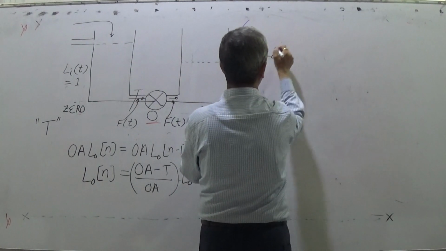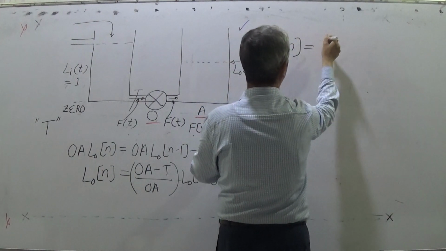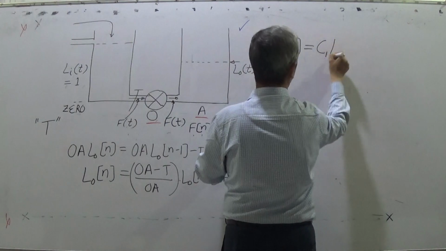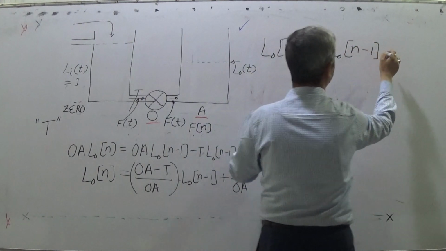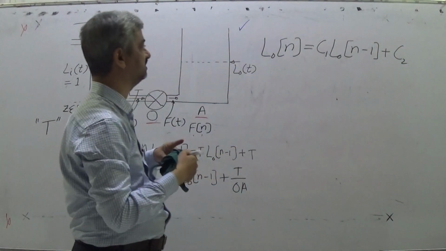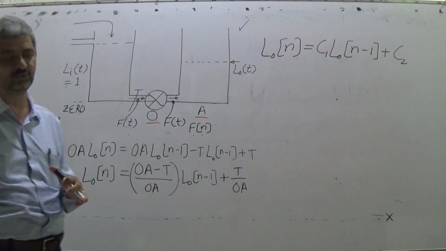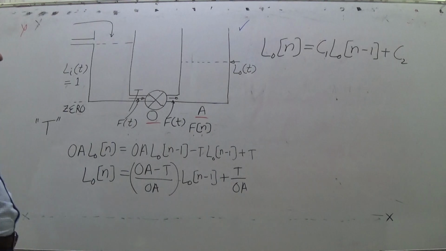LON, the question is find output water, how it increases, is some constant into previous level plus some other constant C2. So it is quite obvious and simple answer.